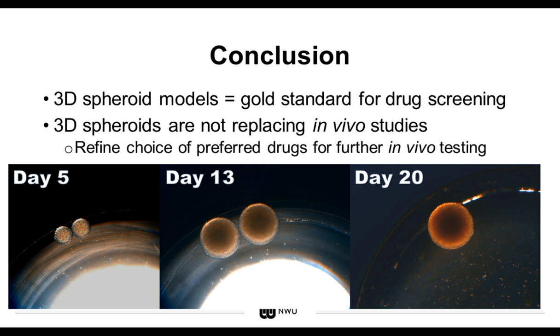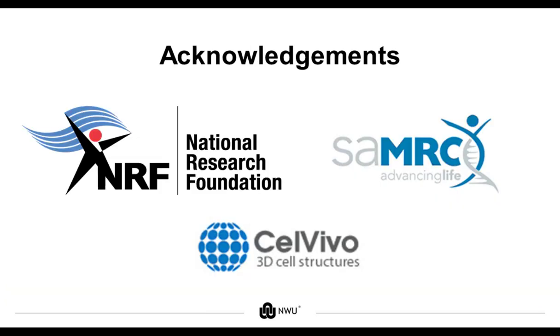However, it is important to keep in mind that 3D spheroids are not supposed to replace in vivo or clinical trials. On the contrary, it should rather refine the choice of preferred drugs for a reduced number of further in vivo studies. But with 3D, the possibilities are endless.